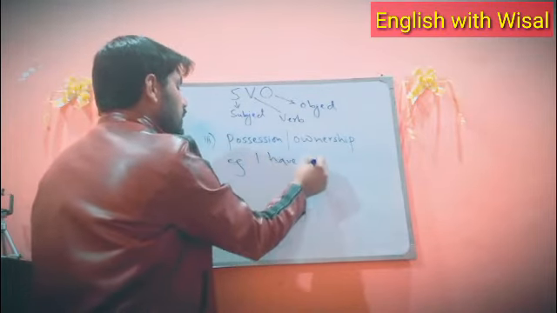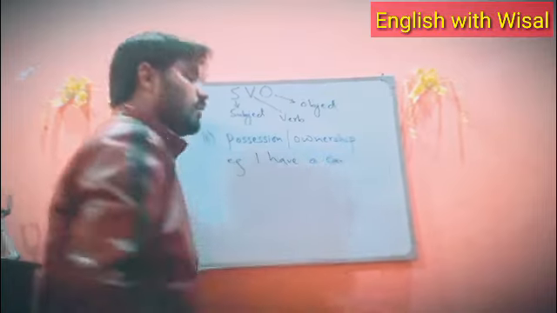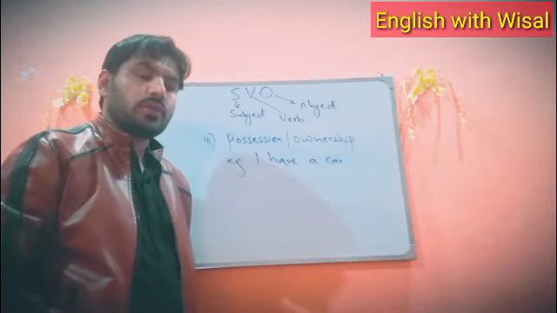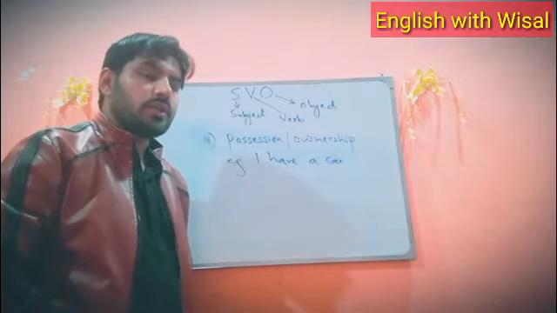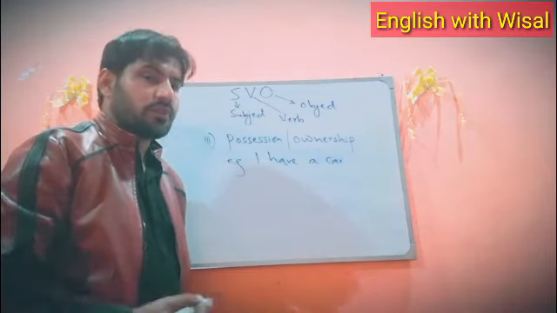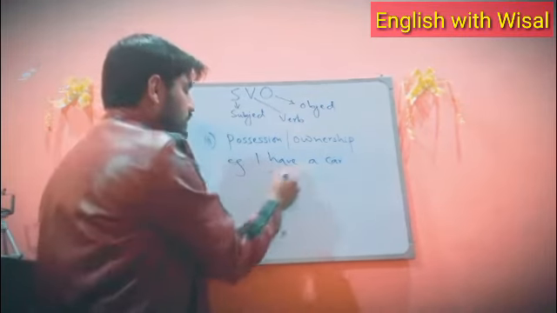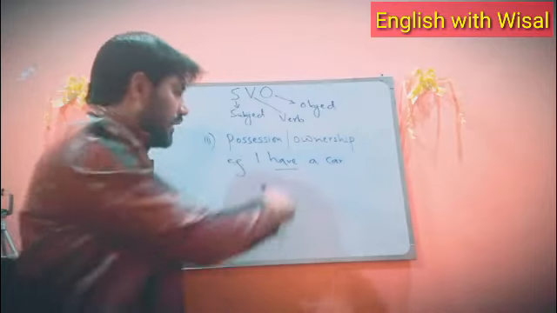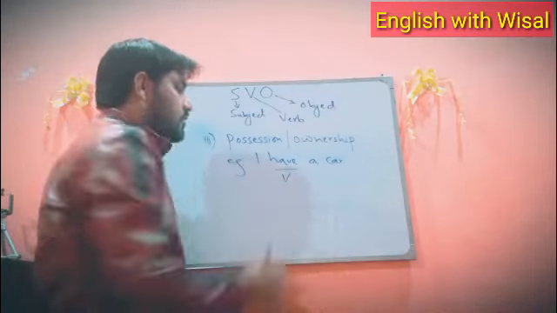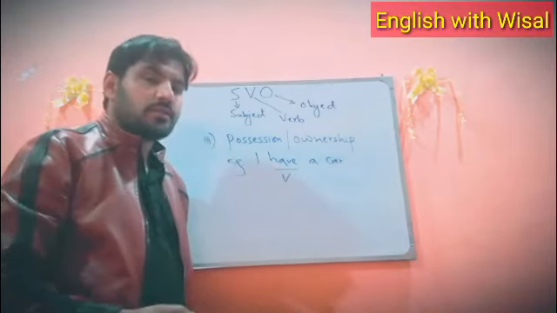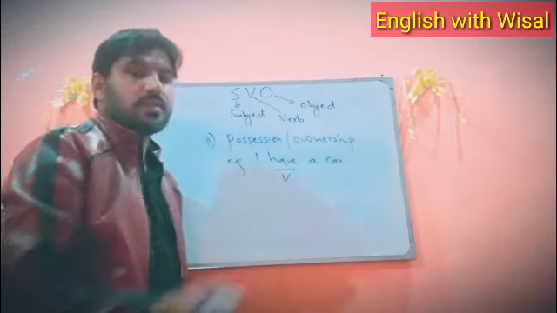I have a car. So you see, which word is describing possession of the subject? Definitely it is have. Have is the verb in this sentence. Why? Because it describes that the subject possesses something.